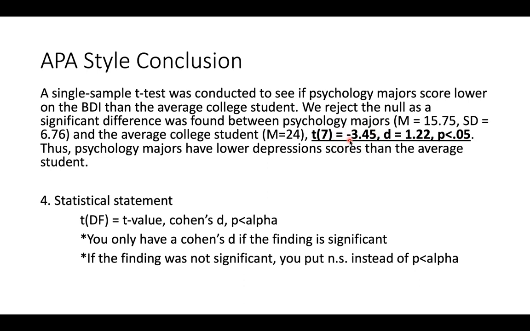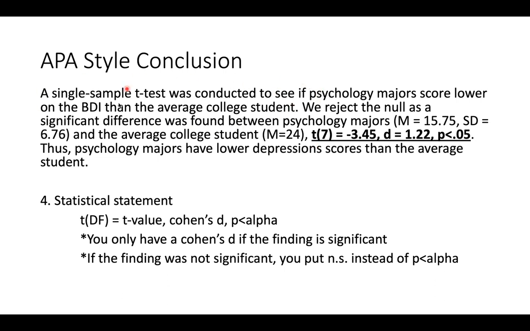It's important. Comma, our effect size, d equals 1.22, comma, p less than 0.05. So this is non-negotiable. Again, it must look like this in this exact order with these exact numbers in the right place. There is no flexibility here.